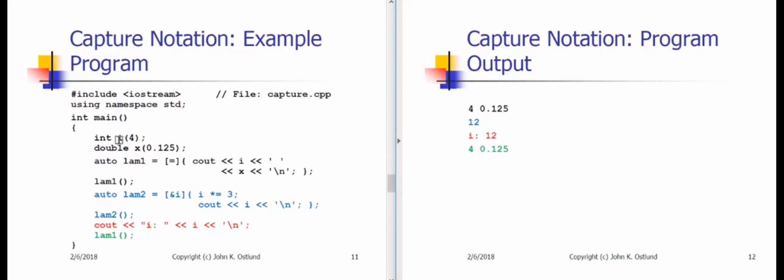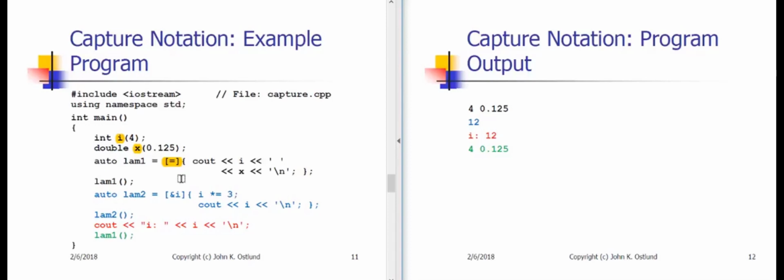Okay, so within main, we have a local int object named I, which is initialized with 4, and we have a local double object named x, which is initialized with 0.125. We're defining a lambda here that we're going to name lam1, and in this lambda, we're capturing all of the objects in scope by value. Now, the two objects that are in scope here are the local variable I and the local variable x.